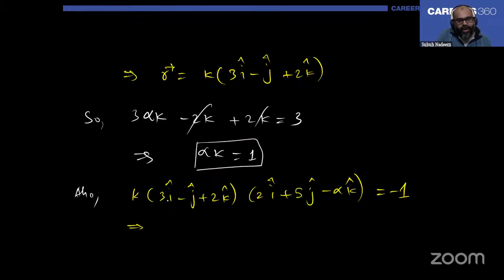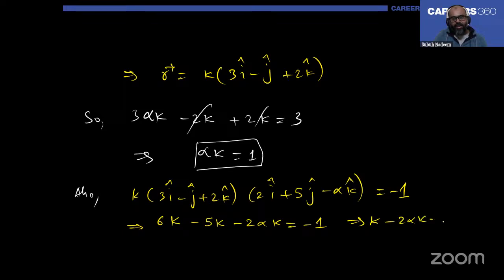So from here we get 3 into 2, that is 6K, since i dot i will be 1. Then minus 5K. Then minus 2 alpha K, which is equal to minus 1. So what we get is 6K minus 5K minus 2 alpha K is equal to minus 1. Now alpha K is equal to 1.